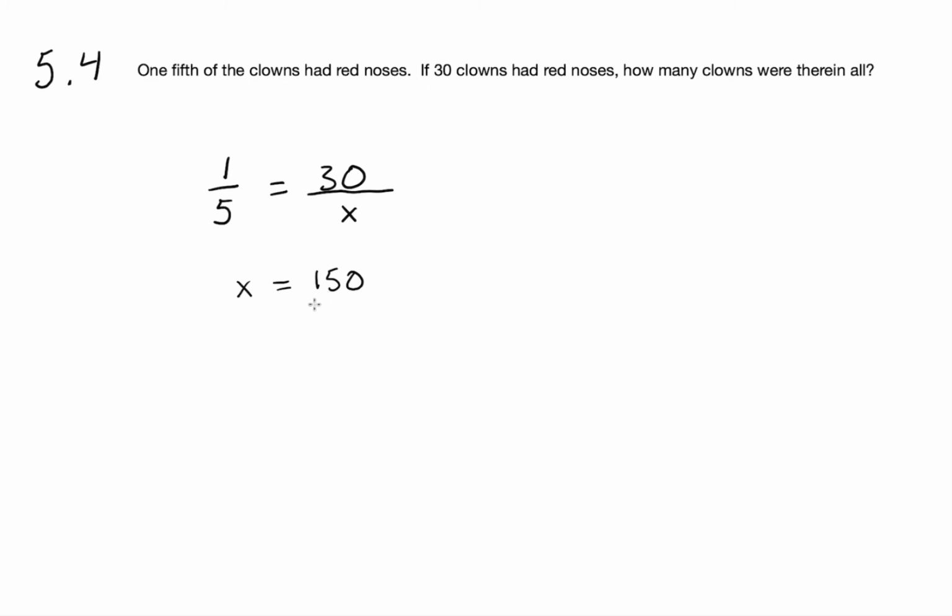So let's do that. If we divide 150 by 5, the answer is going to be 30, right? Because 15 divided by 5 is 3. So that's pretty straightforward. We know we got the right answer. The total number of clowns was 150.